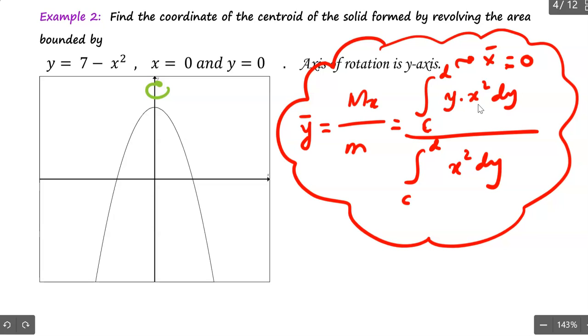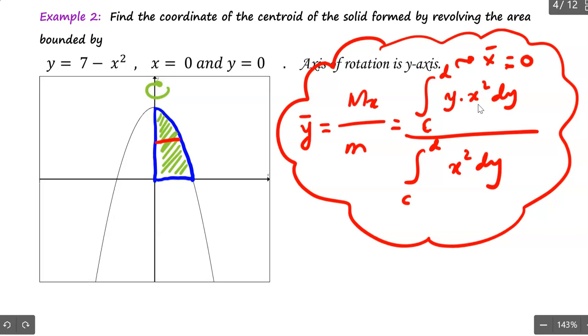Again, we need to identify the area that we are working with. So here is my parabola opening down, x equal to 0, y equal to 0. So I'm working with this area. The axis of rotation is the y-axis.